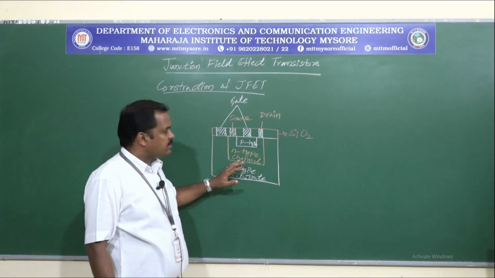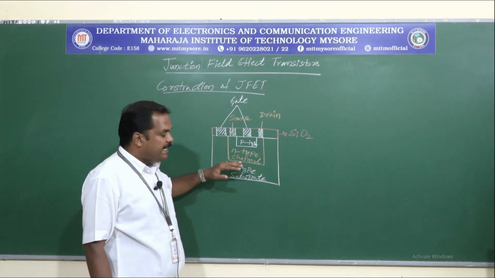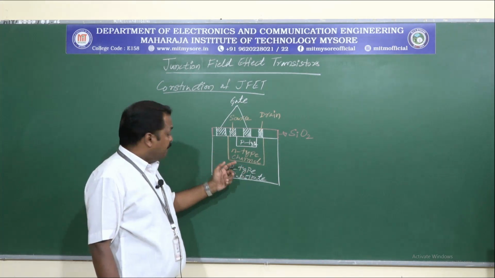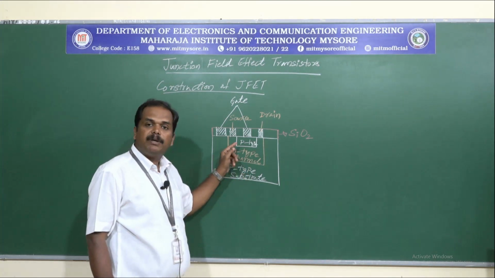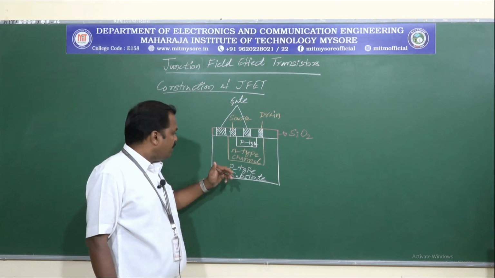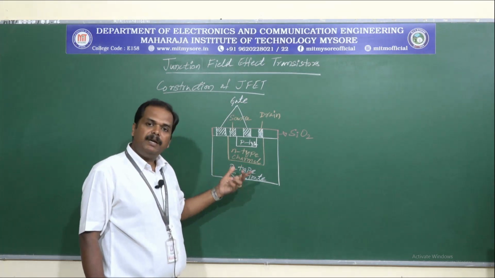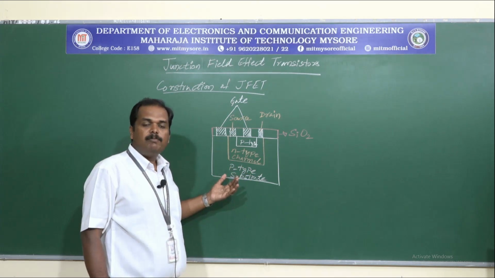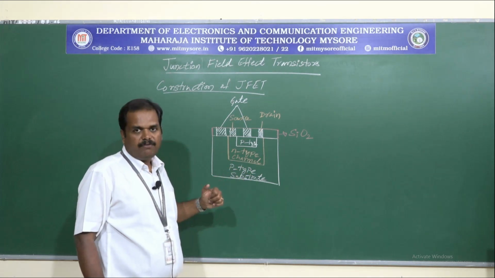So this is the cross-sectional view of an N-type JFET. Because the channel is of N type, this will be called an N-type JFET. If the channel is made up of P-type, then the JFET will be called a P-type JFET.